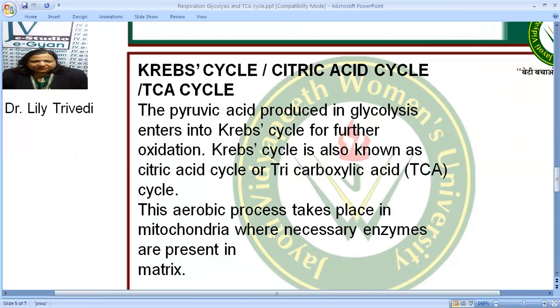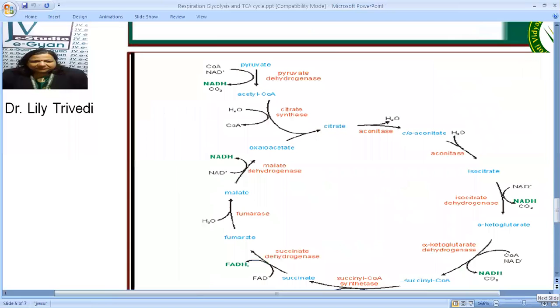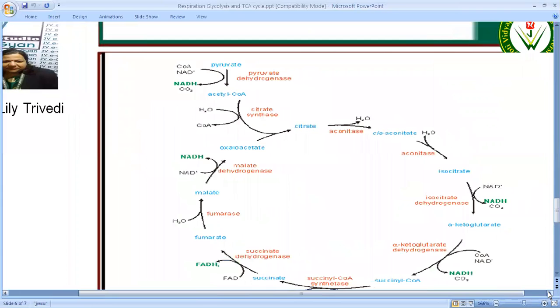The pyruvic acid produced in glycolysis enters the Krebs cycle for further oxidation, and this Krebs cycle is also known as the citric acid cycle or tricarboxylic acid cycle, and this is an aerobic process which takes place in the mitochondria where the enzymes are present in the matrix.